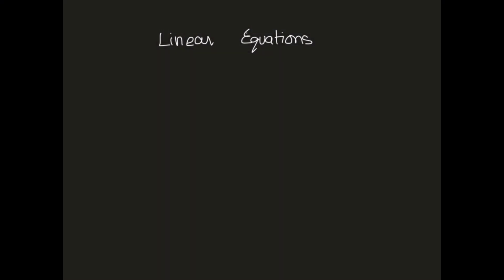Hello guys, so in this video I'll be going over linear equations. Now linear equations are similar to linear expressions in a way that they both should have variables with the power 1 only. So the power of variables must be 1 in linear equations and linear expressions.